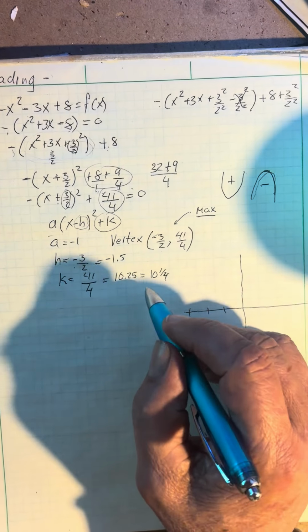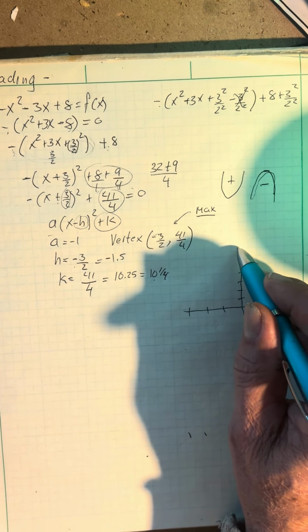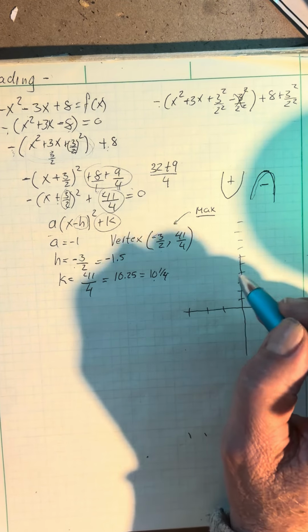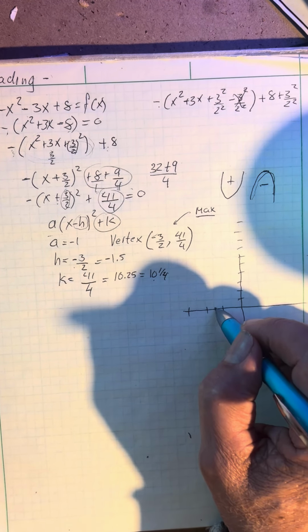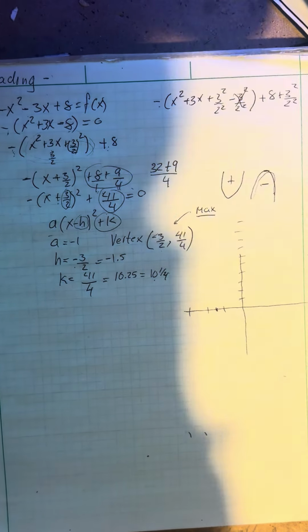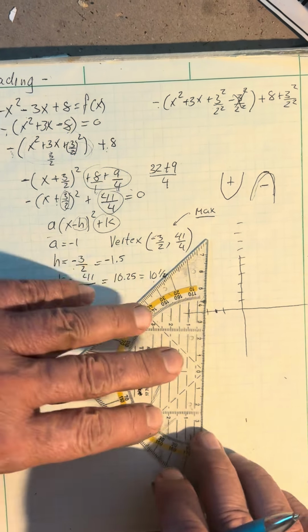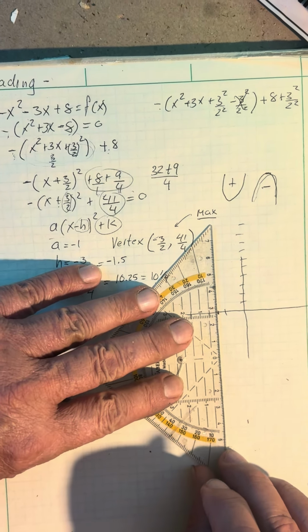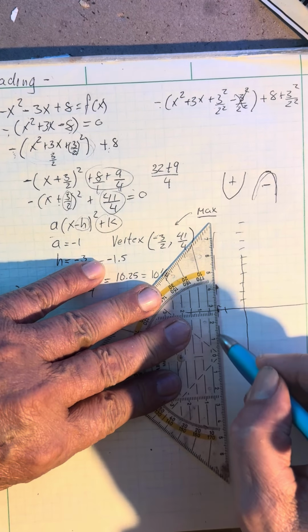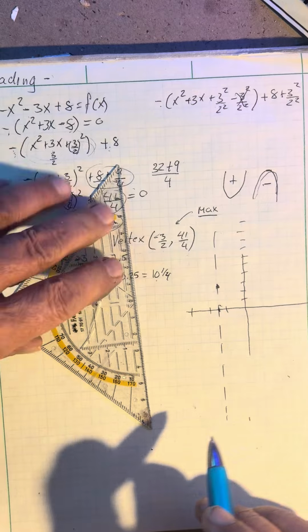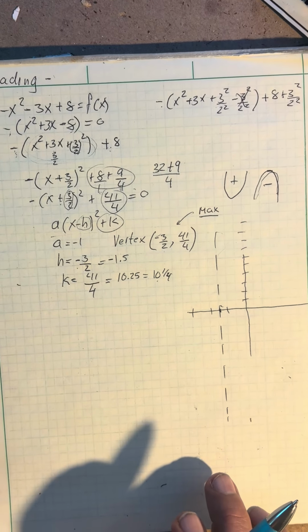So we have to find where 10 is: 1, 2, 3, 4, 5, 6, 7, 8, 9, 10. And this is 1.5. So our vertex is somewhere in there. That's the vertex.